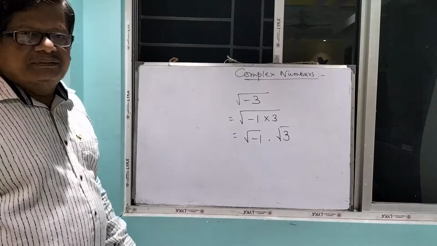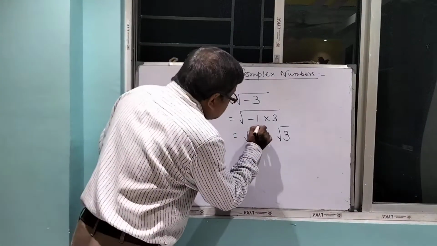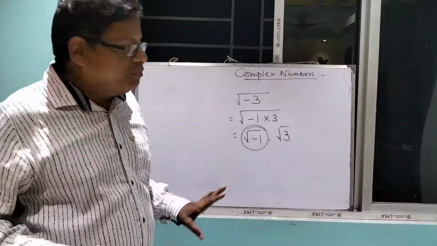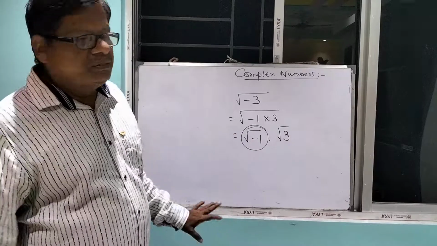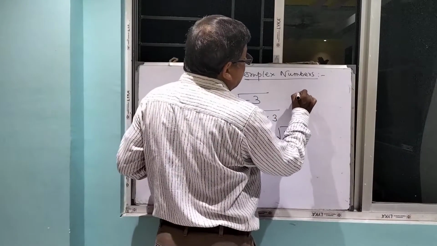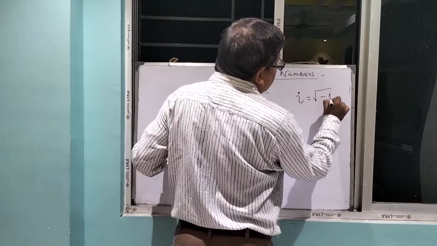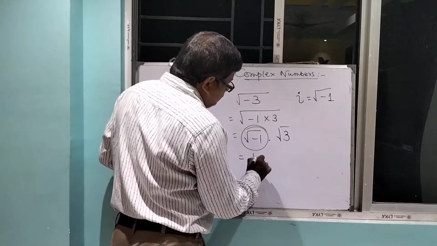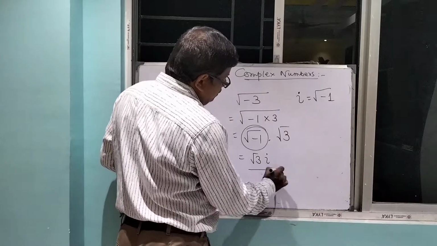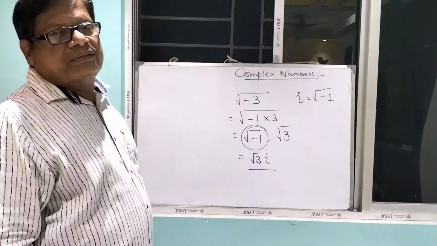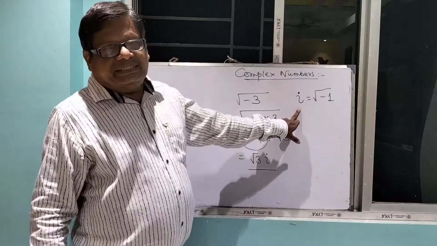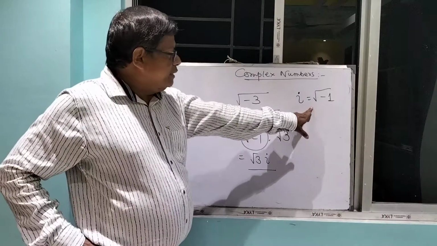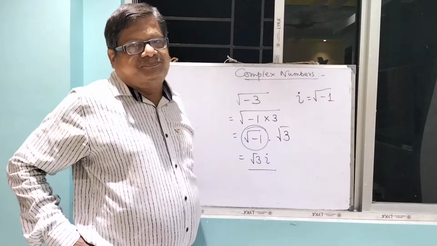This value we denote by the symbol i, where i equals root under minus 1. So root 3 into i, where i is an imaginary number whose value is root under minus 1.